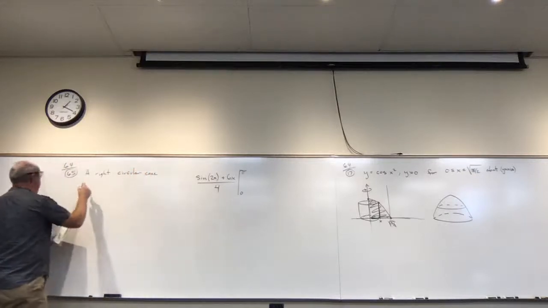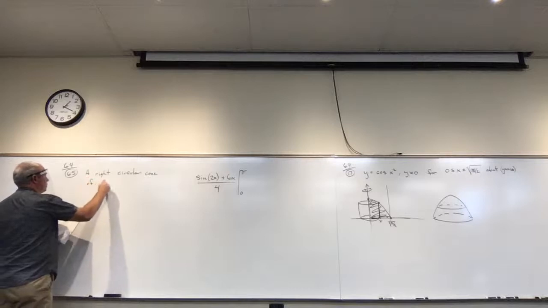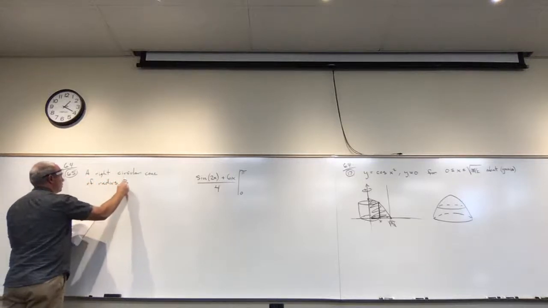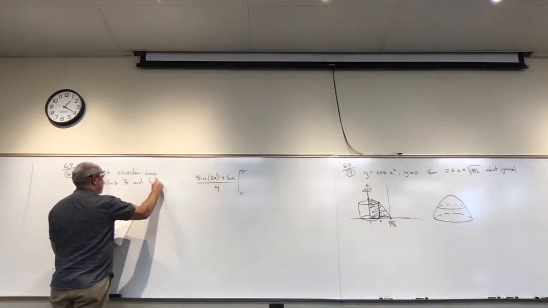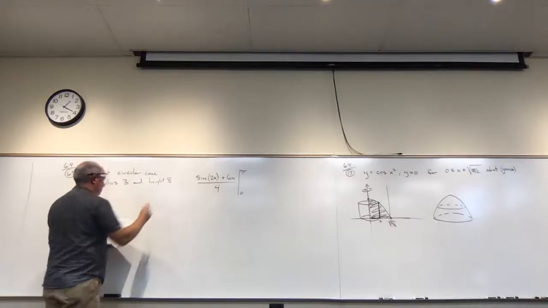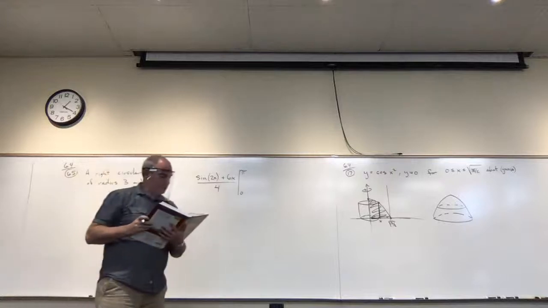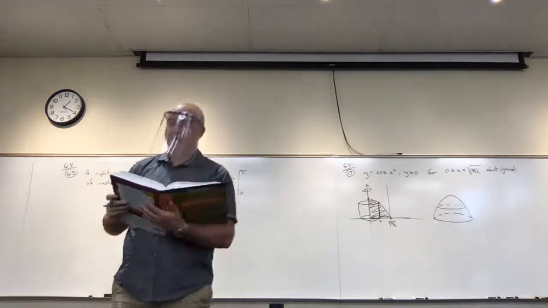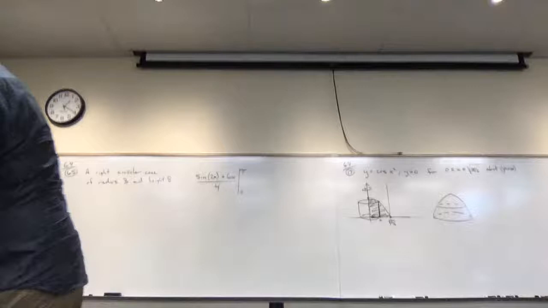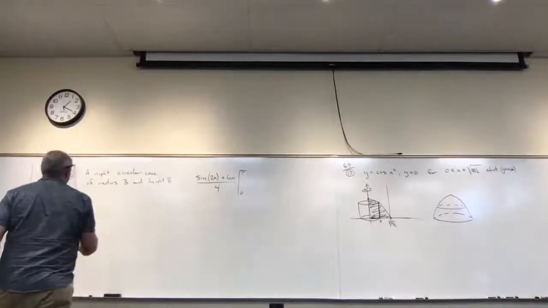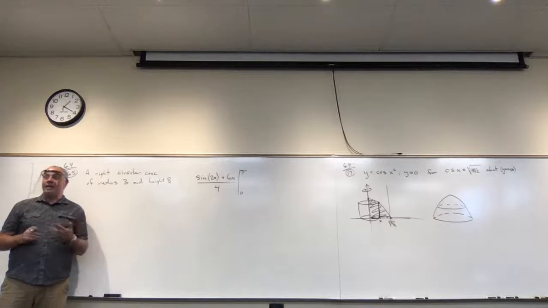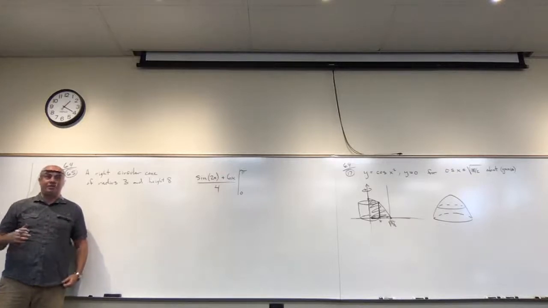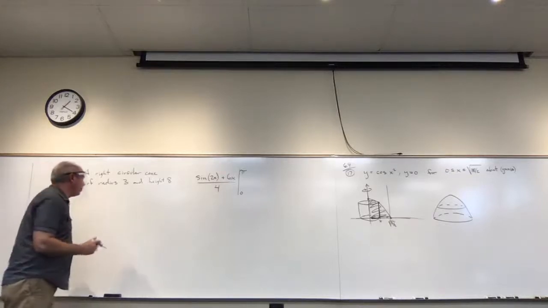Of radius 3 and height 8. Okay, so use the shell method to find the volume of that. It really depends on how you decide to draw that cone, and it doesn't matter which way you draw it, just as long as you understand what you drew.